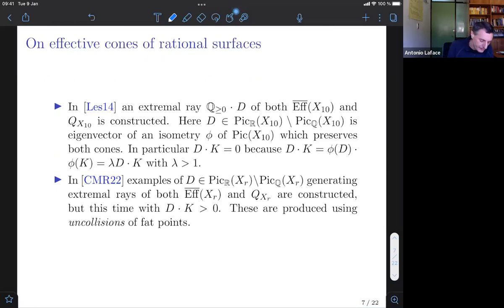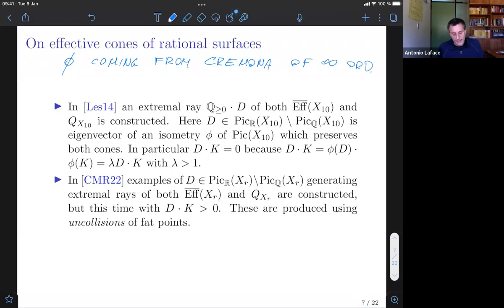This isometry phi is just coming from Cremona transformations of infinite order. So this is an isometry of the Picard group, which preserves the effective cone, also the light cone, also the nef cone.